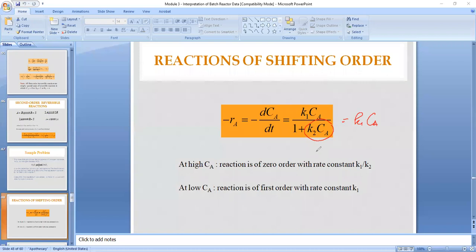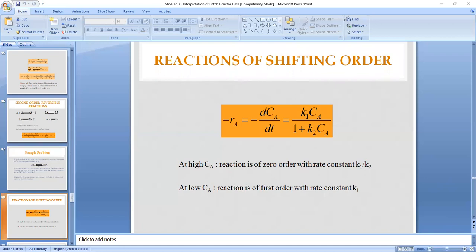So K sub 2 is not anymore a factor that will affect your rate of reaction. You get it? So that's how reaction shifts order whenever a particular concentration dominates another or whenever one's concentration is negligible compared to another. Do you have any questions?